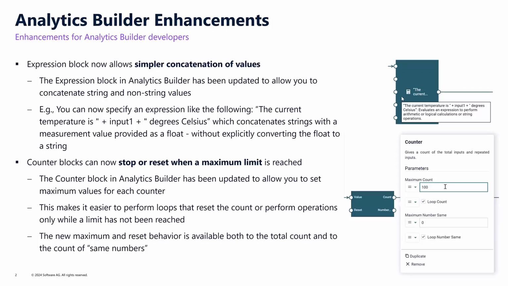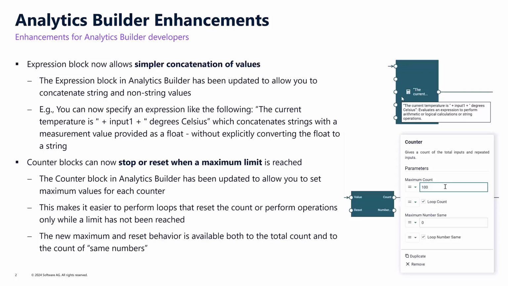You can combine those easily in one line to make the message that goes as part of the output from that block. Previously, you had to use a conversion function on anything that wasn't a string to convert it into a string. So we've just made it a little bit simpler to write that expression.